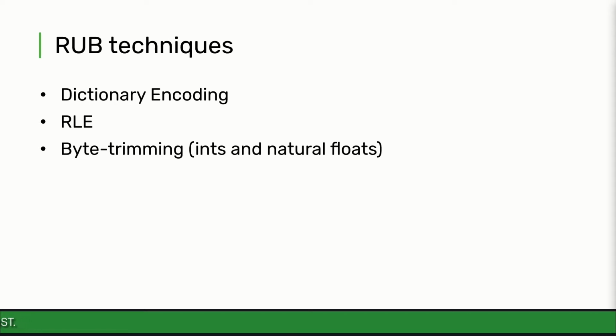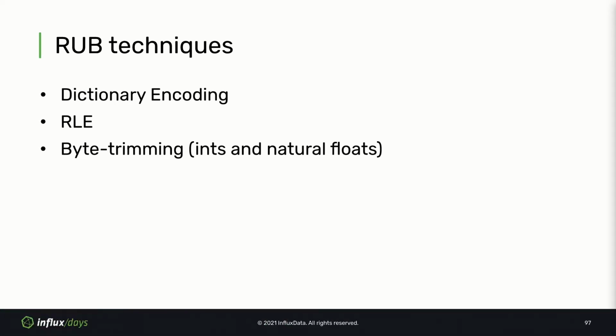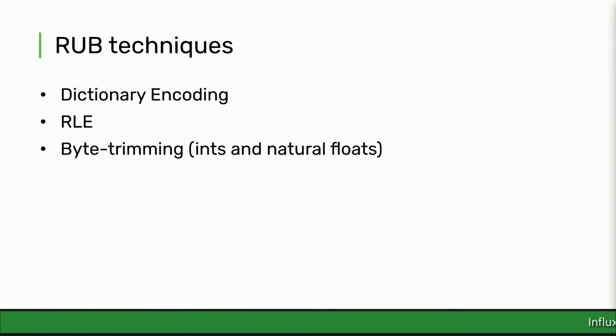Byte trimming, which is basically using only the number of bytes you need to represent the precision of an integer or a natural float. So, logically, the integers that Influx supports are int64 or uint64. But if you're only writing in numbers that can be represented in a U8, that's what we use.